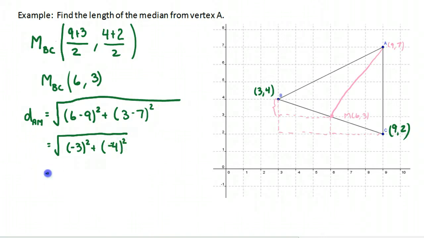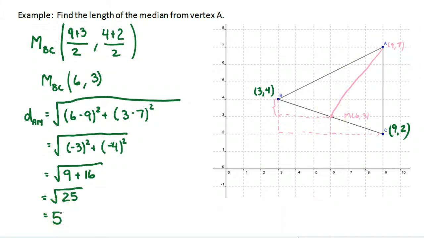This works out beautifully because I have a 3-4 triangle. So we have the square root of 9 plus 16, which is the square root of 25, which is 5. Couldn't have worked out better if I picked the numbers myself. So the length of the median from vertex A is 5 units.